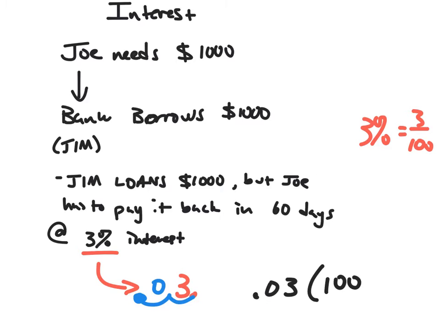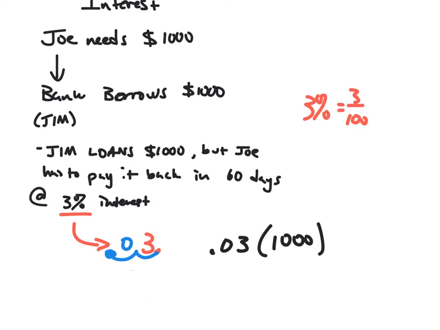So really what I have is 0.03, and I take that number and multiply it by 1,000. I don't think it comes out nice and neat. Maybe it does, but I don't think so. 0.03 times 1,000. Yeah, $30, just like you said. $30. This is my interest.